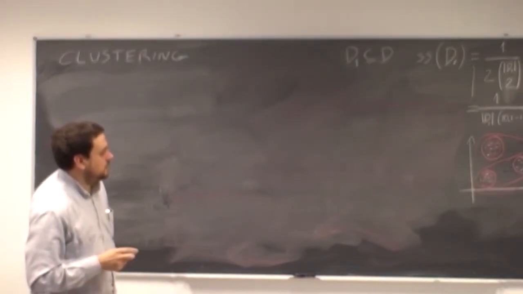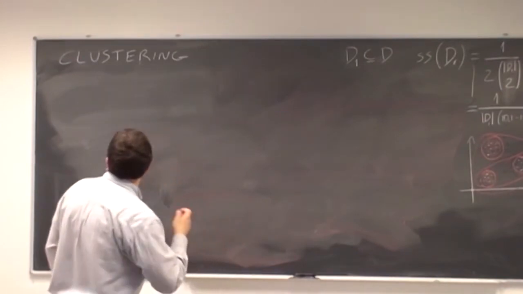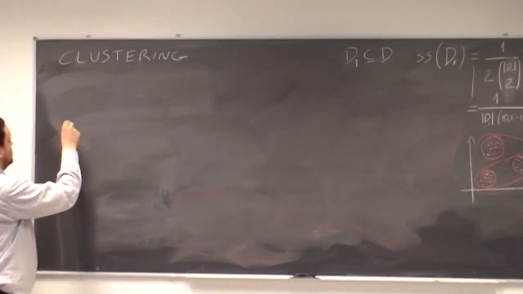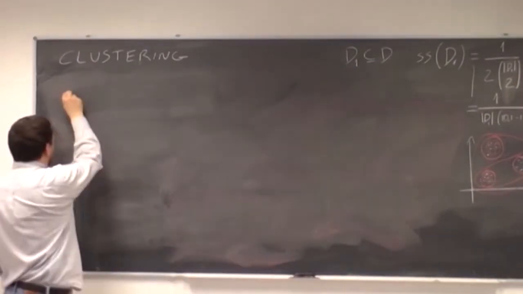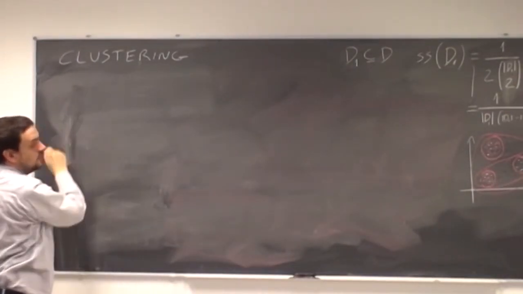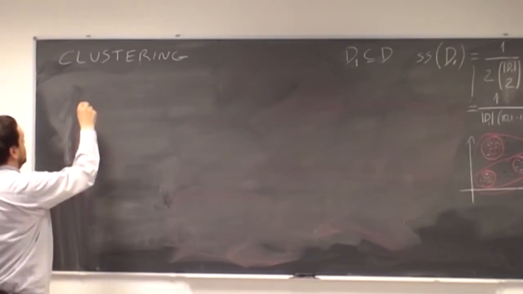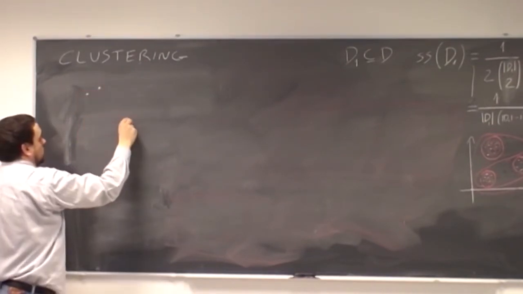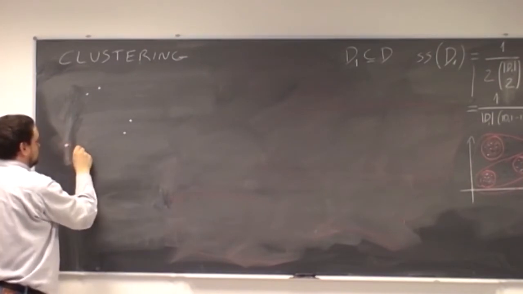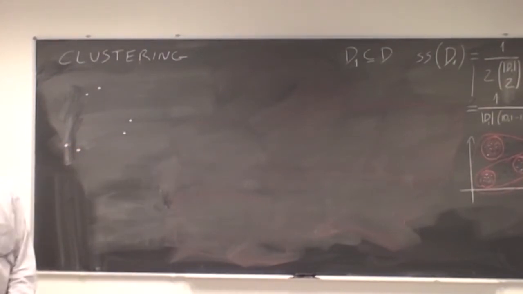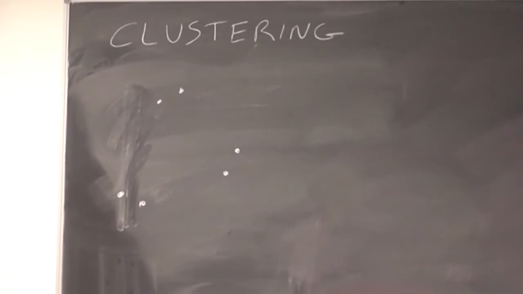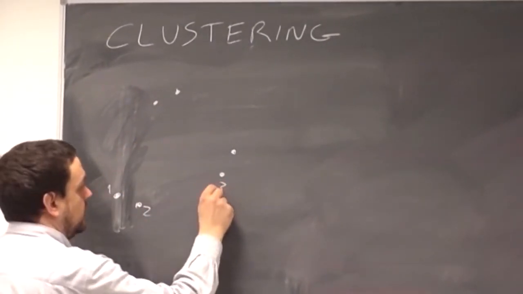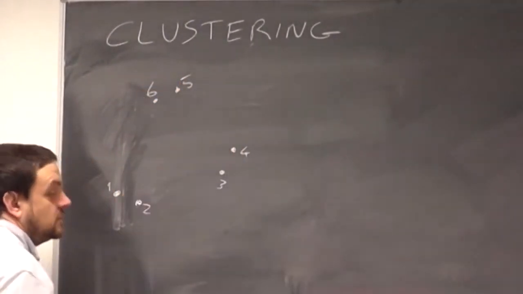Let's do a simple example. Like that we have three clear clusters, but for simplicity, let's suppose that every cluster is made by 2 points. Let me call them 1, 2, 3, 4, 5, and 6.